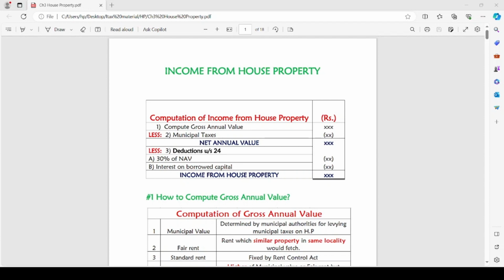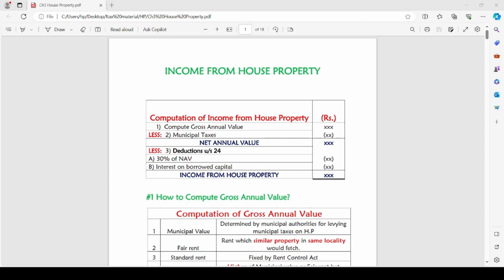If the property is self-occupied by the owner, there will be no rent, there will be no income from the house property, and there might be a loss on such house property if the person has taken a loan for construction, acquisition or repairs, renewals or reconstruction of such house property.